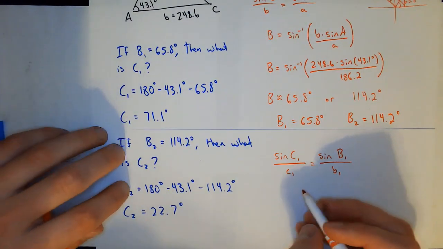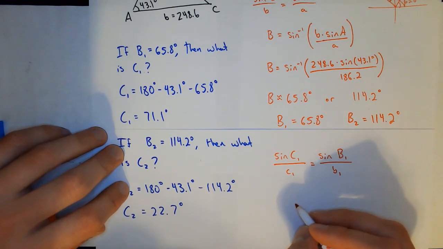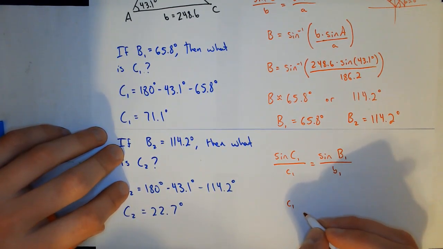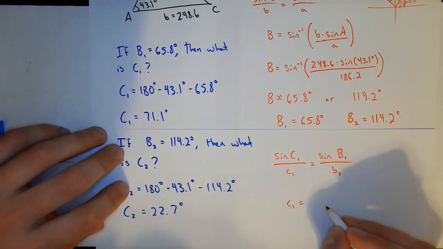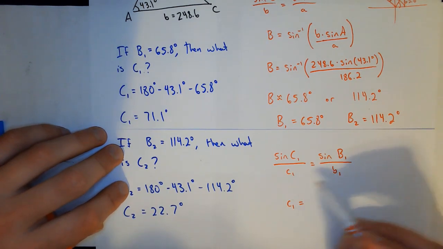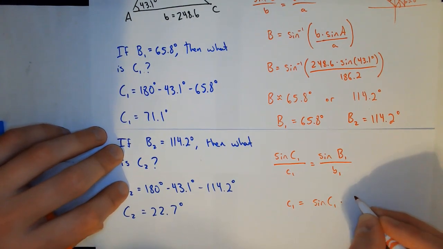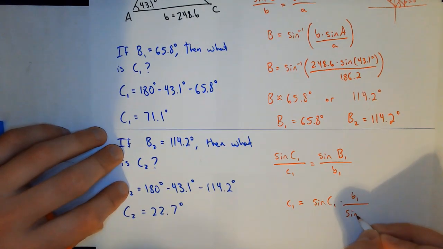So little c1 here is, now after I get all this stuff written down, I'm going to organize it all for you. I'll redraw the picture. Let's see, multiply, so sine of C1 times b1 over sine of B1.